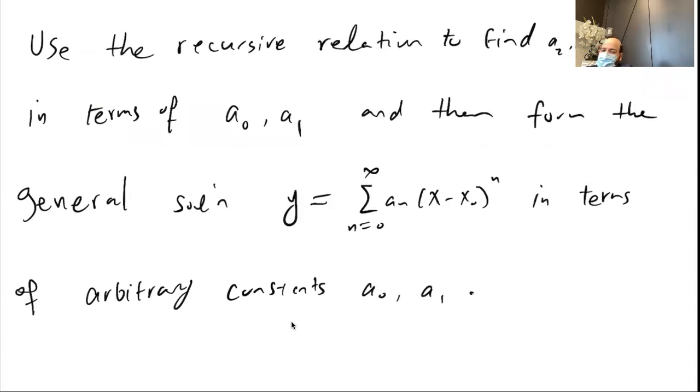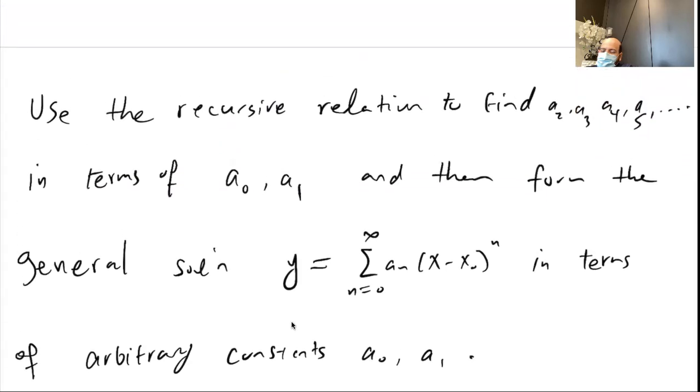So this is how we can solve a second order ODE, and our solution will include two arbitrary constants, A0 and A1.